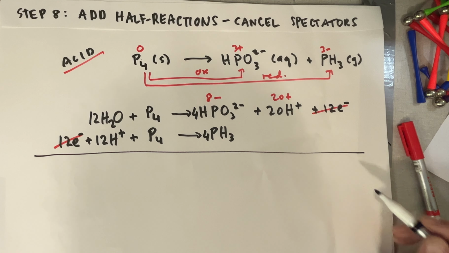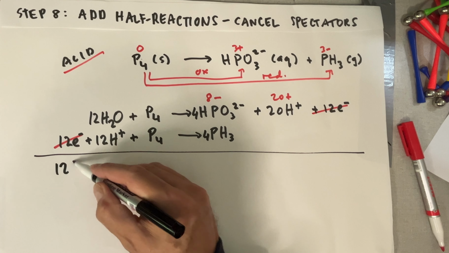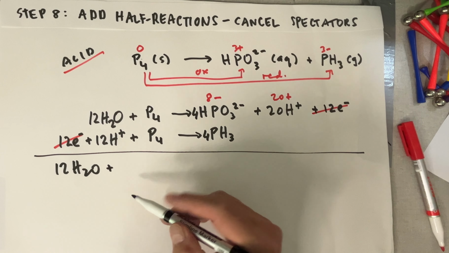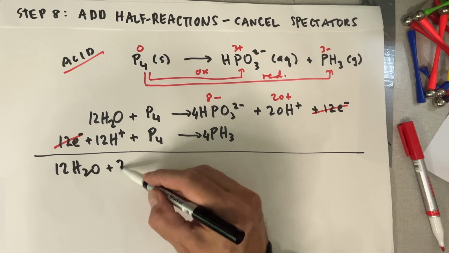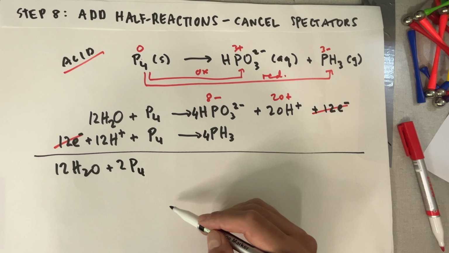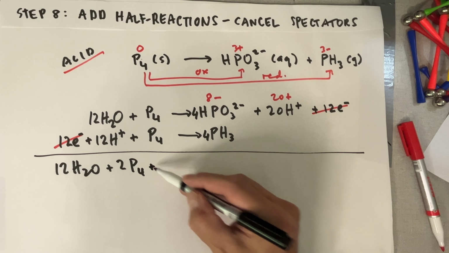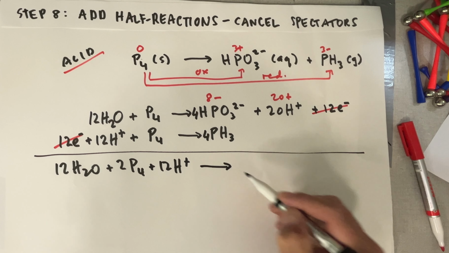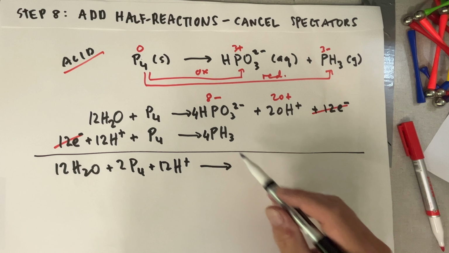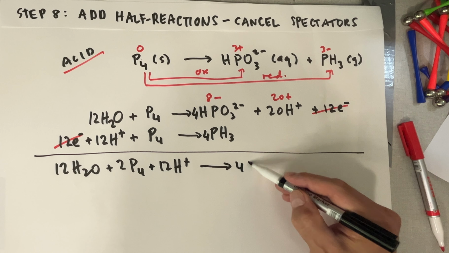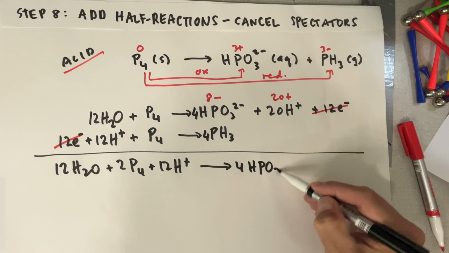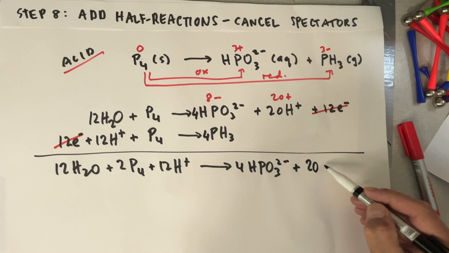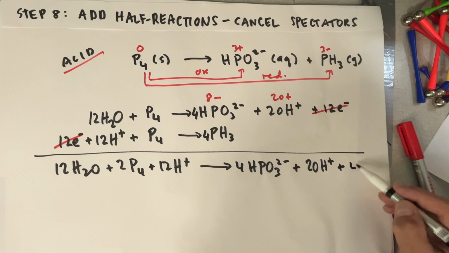So you have 12H2O plus 2P4 plus 12H pluses, and that provides 4HPO3 2 minuses, 20H plus, 4PH3.